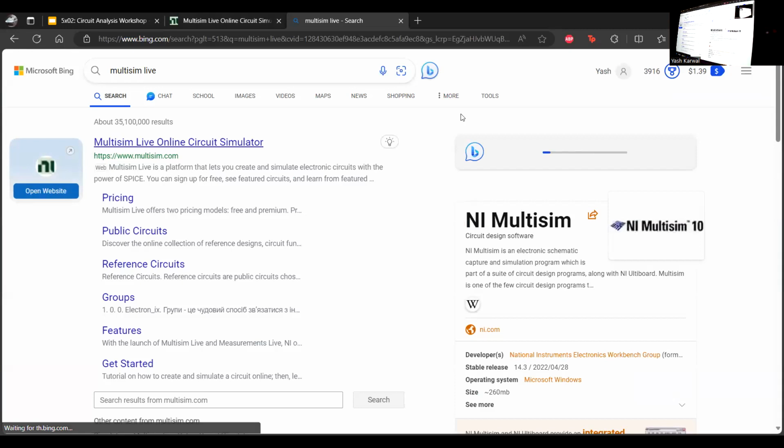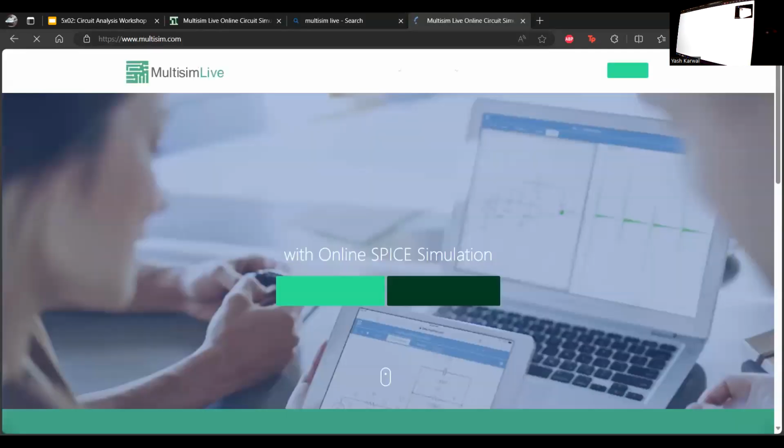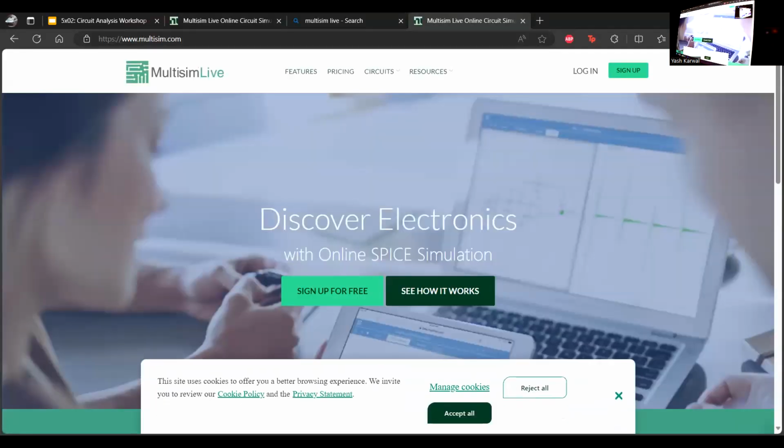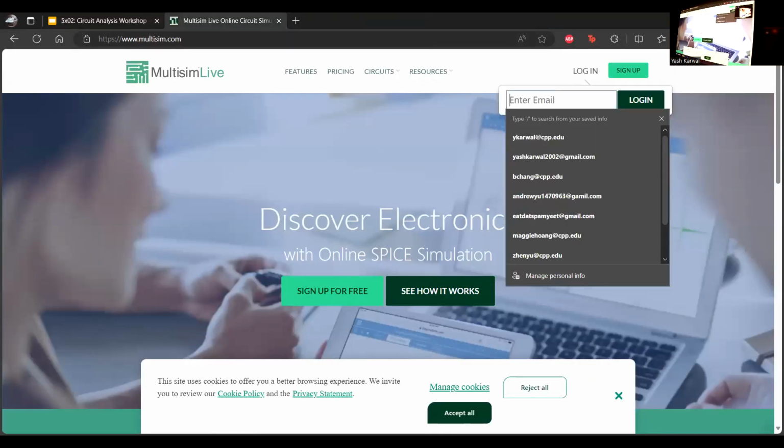You click on the first one right here, and you can use this for classes too. So like in your 1101 classes or 2101 classes, you can use this. You don't have to have a computer. I think you can do this on the iPad, but no promises. I don't know if it's true, but you make an account, or you have to make an account, but I'm going to log in.